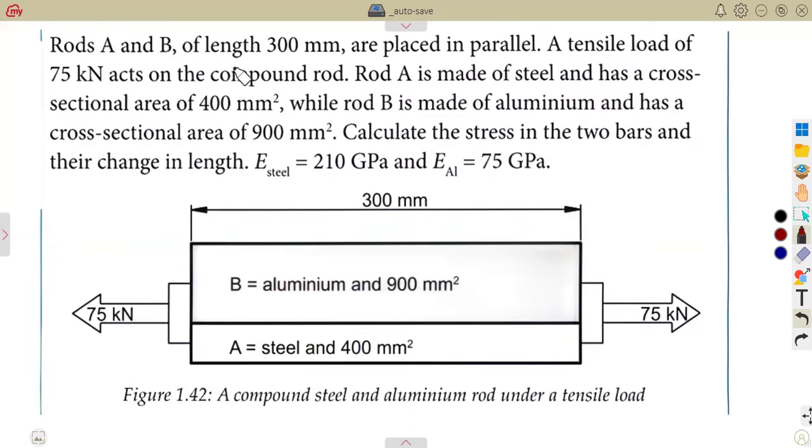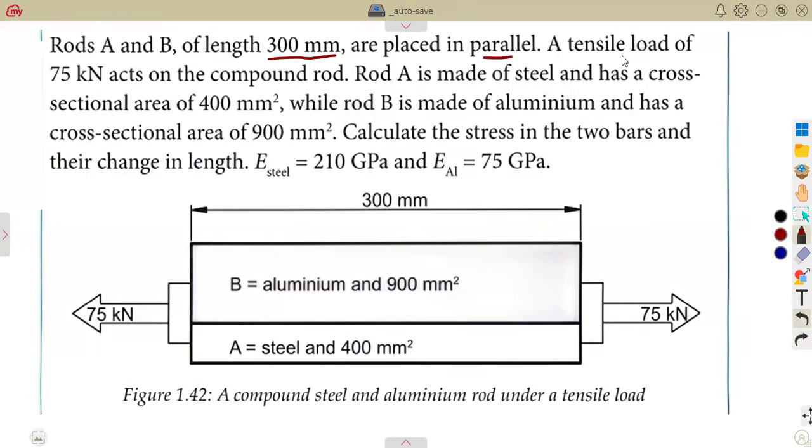Rods A and B of length 300 millimeters. The moment that the length is the same, you know that this is a parallel. These two have the same length. So that is A and B. A is for the steel, B is for the aluminium, and they are placed in parallel. We are already told that they're in parallel, so no problem.